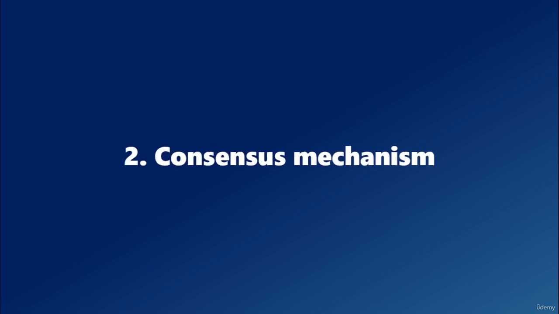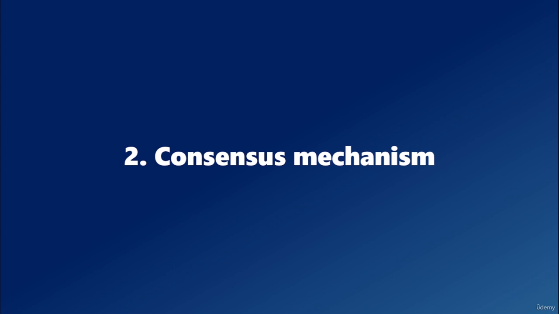Number 2. Consensus mechanism. Blockchain relies on a consensus mechanism to validate and agree upon the state of the ledger. Common consensus mechanisms include proof of work, POW, and proof of stake.